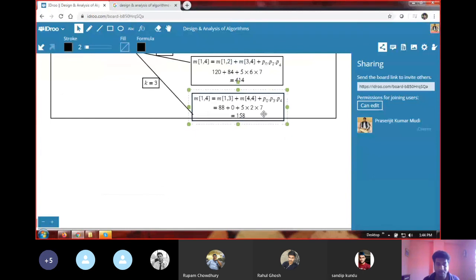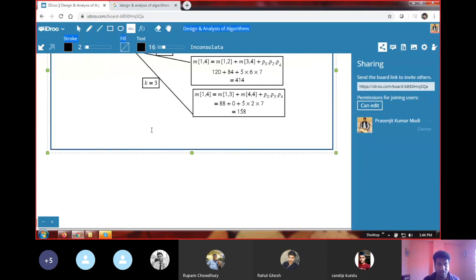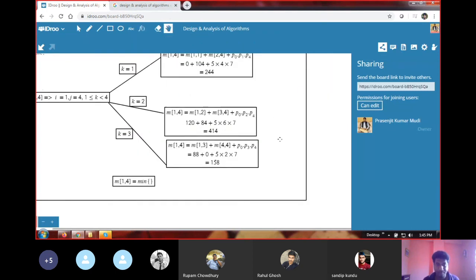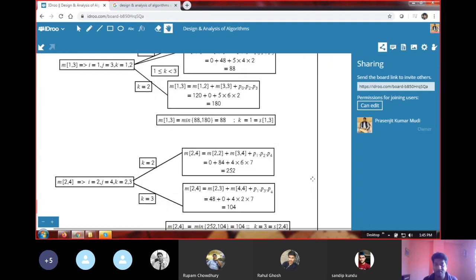So we have taken this two values. Now we have to proceed, extend this, and finally what we got. That is immediately 158.